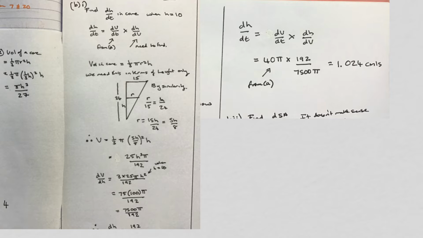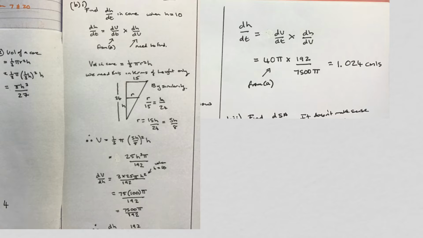So dH over dt is going to be a change of volume with time, and if you times that by change of height with volume, then we're going to have change of height with time. So we need to find dH over dV, which means we need to find a formula of volume inside the cone in terms of height, and then differentiate it, and then flip it over.